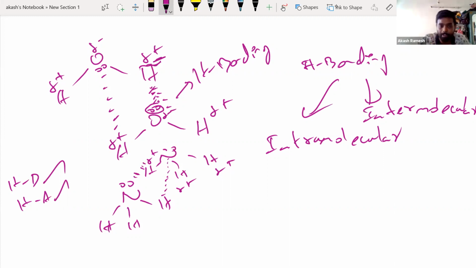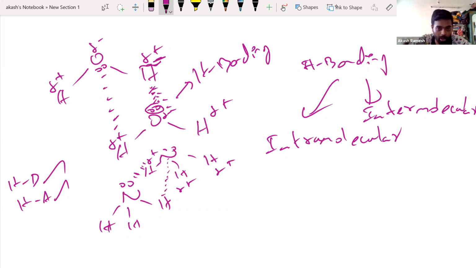Intra-school competition means within your same school you compete. Say sports day is an example of an intra-school event. Annual day is an intra-school event, right? But when you go to another school, say for a sports competition, that becomes an inter-school competition between two different schools. If it happens in the same school, it's intra-school competition. If it happens between two different schools, it's called inter-school competition.